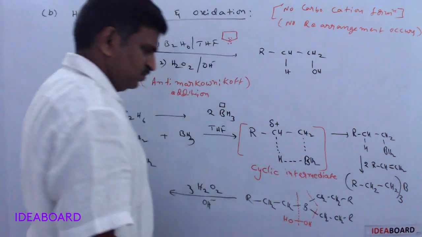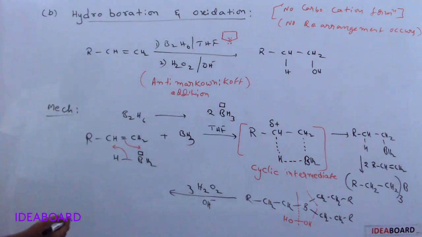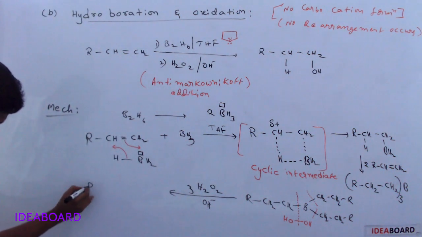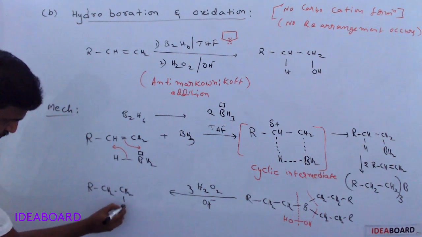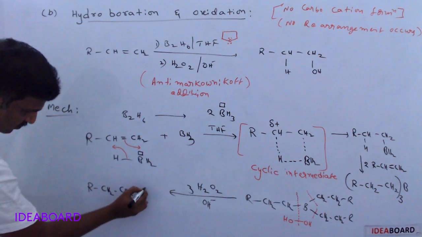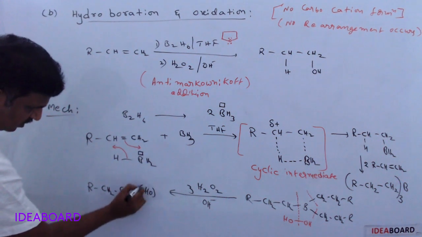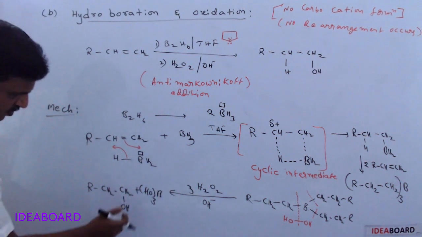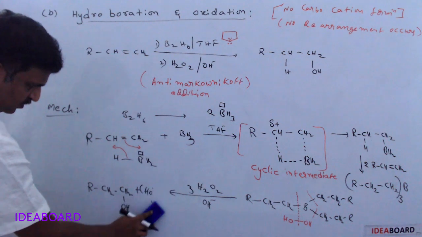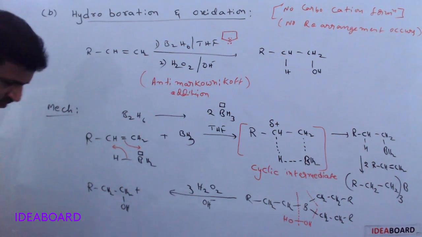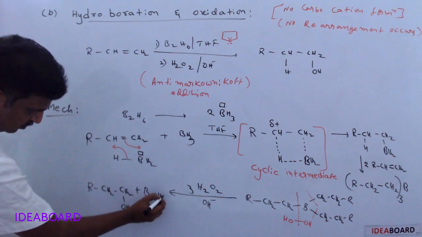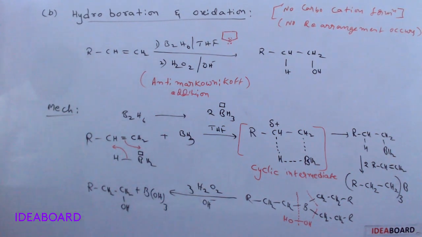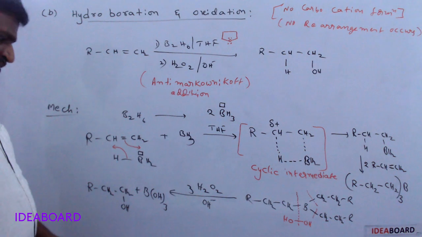So totally the three bonds dissociate and we finally get three RCH2CH2OH plus B(OH)3. What is B(OH)3? Yes, that is H3BO3, the boric acid.